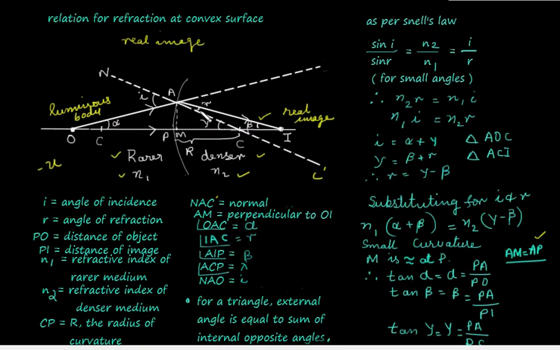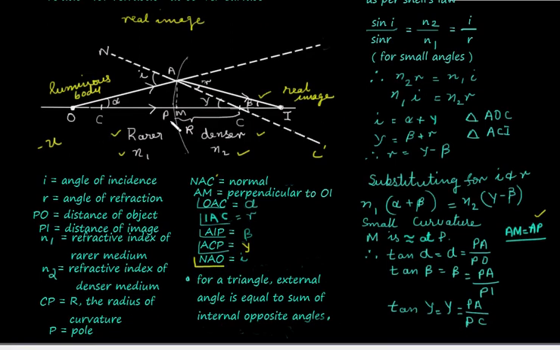Angle IAC is represented by the symbol R. Angle AIP is represented by the symbol beta. Angle ACP is represented as gamma. Angle NAO is the angle of incidence. P is the pole. For a triangle, the external angle is equal to the sum of the internal opposite angles.